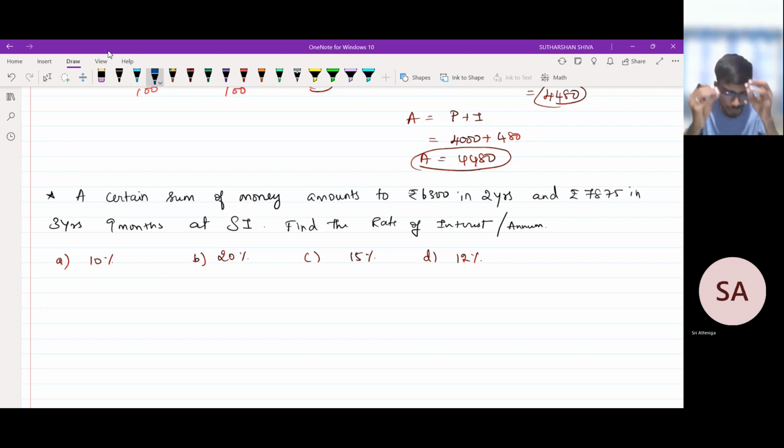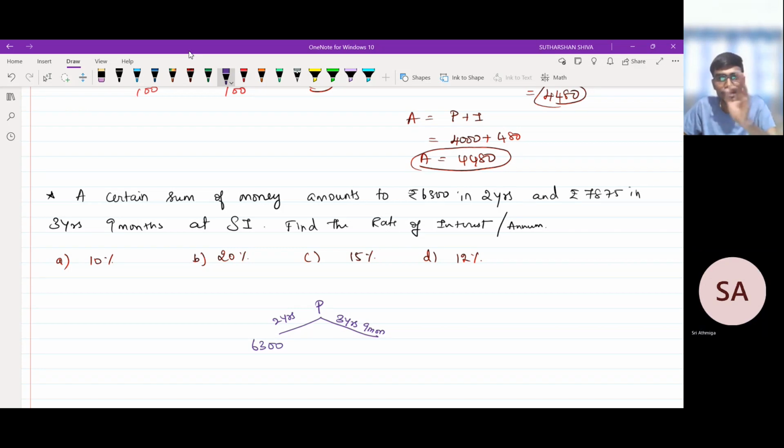If this kind of question is given to you, you need to do two things in your mind. First, take the principal. You don't know the principal value, but you know two things. One is for 2 years, one is for 3 years, 9 months. What is the 2 years value? 6,300.